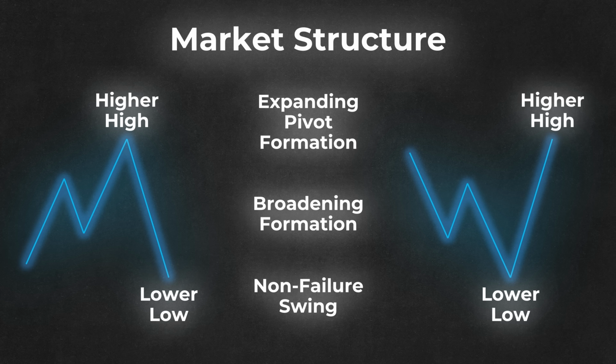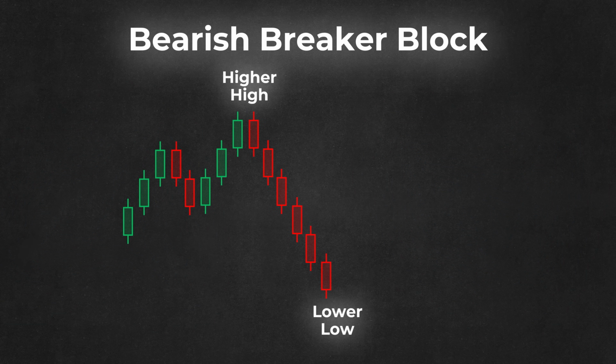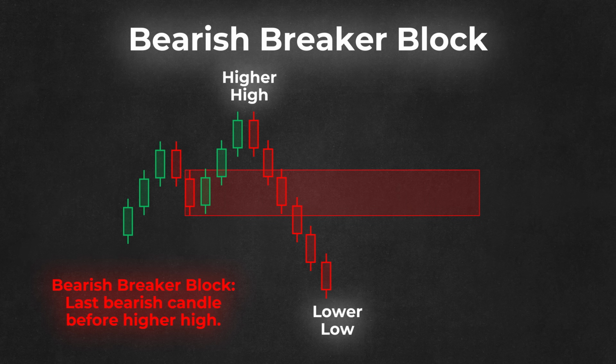The breaker block is identified by a specific candlestick in one of these price movements. In a bearish breaker block, we'll observe a higher high followed by a lower low. The breaker block itself is the last bearish candle before price creates the higher high. The theory here is that price will retrace back to this area before making a significant movement to the downside.